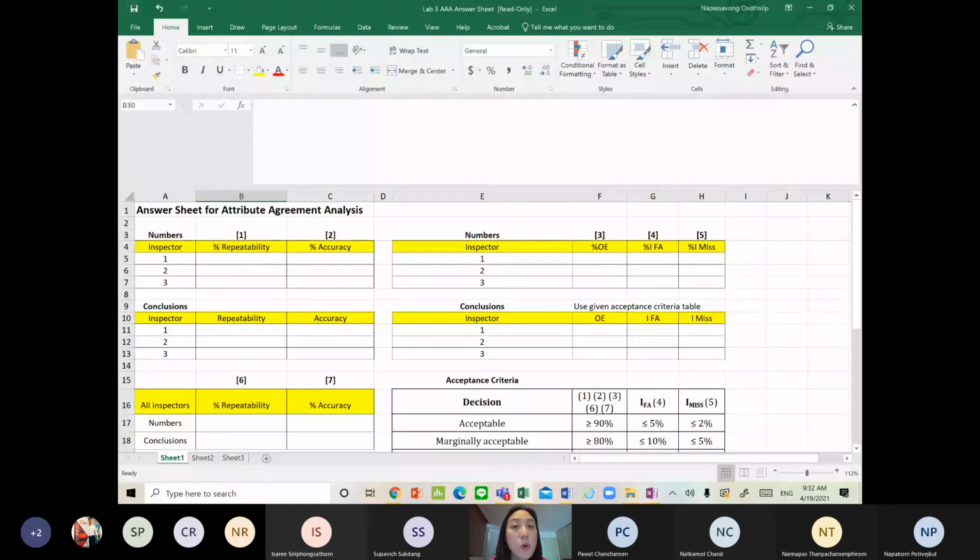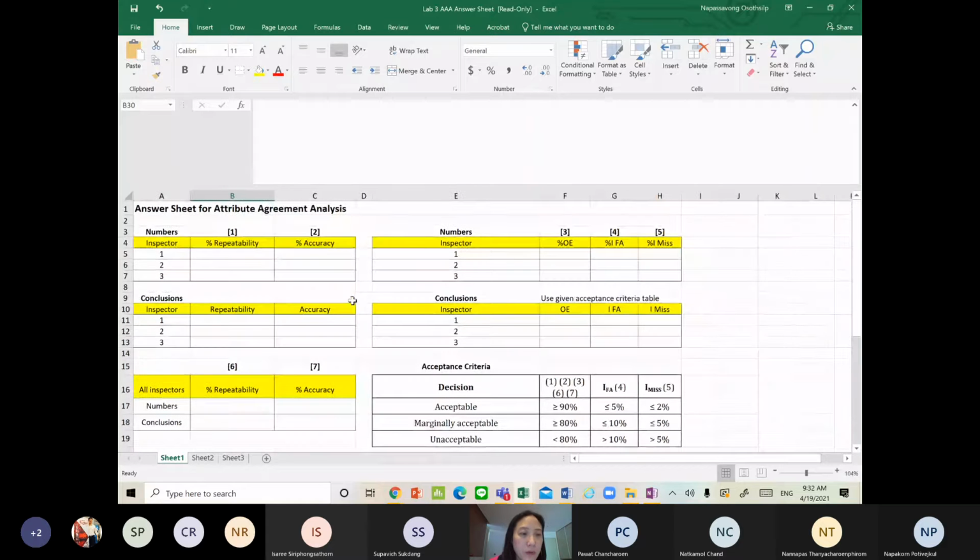This worksheet is to collect your answers. For example, for inspector number 1, we calculated percent repeatability, or percent appraisal score, like we did before, and it's 70%. So you can write it down here.